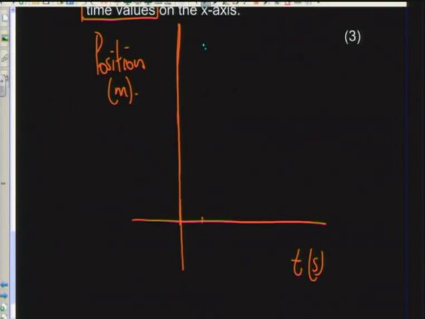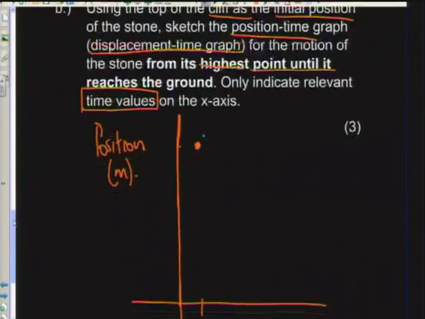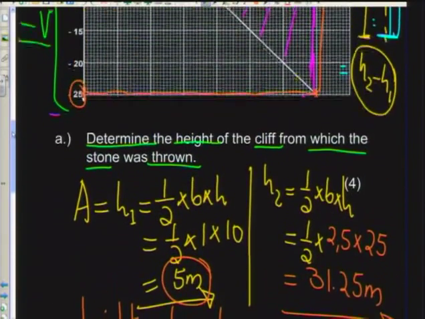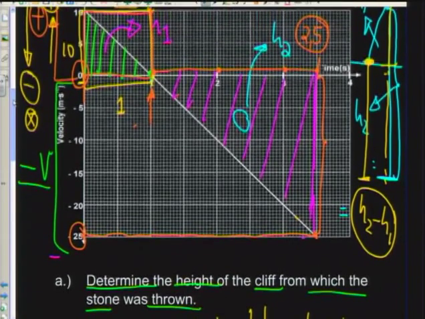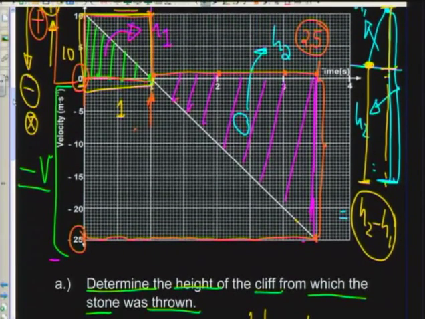When the time was 1 second, I know it was the time when I had the highest point reached by the stone. And from the graph again, we can also tell how long the stone took to reach the highest point and to come down.